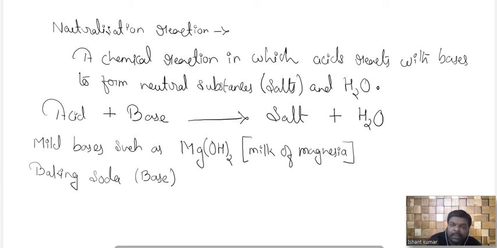Due to this, the irritation produced by the high amount of acid in our stomach will get suppressed, and we will get relief from acidity. So this was the pH in our digestive system.